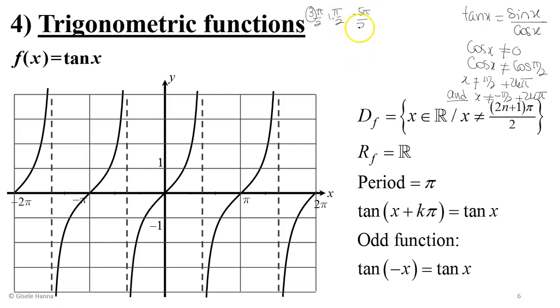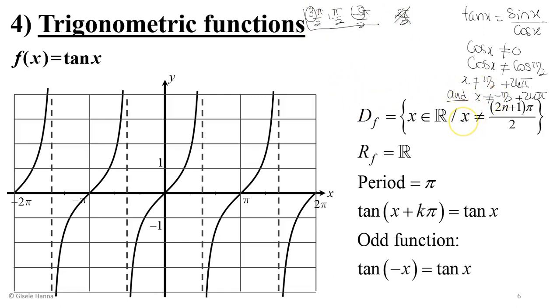Negative 5 pi over 2 is an odd multiple of pi over 2 because we're multiplying it by an odd number. However, if you were to multiply it by an even number, so that would be 2 times pi over 2, for example, the 2 would cancel out. We would have pi, and cosine of pi is not 0. So cosine is in fact 0 at odd multiples of pi over 2.